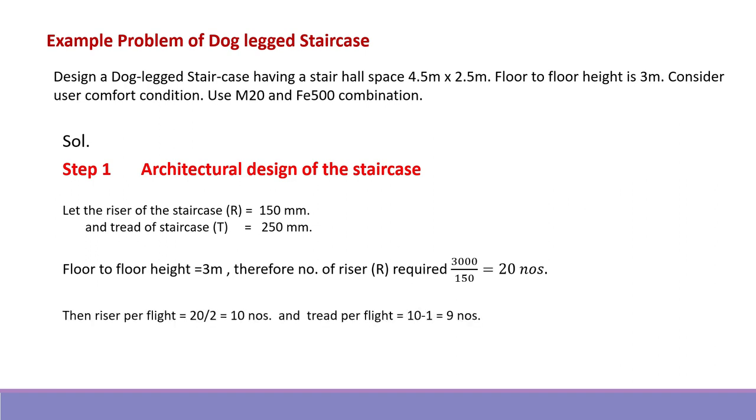The number of risers per flight will be divided equally, because each of the flights should have the same size. So it will be 10, and always you will see the number of treads will be 1 less than the number of risers. Why?